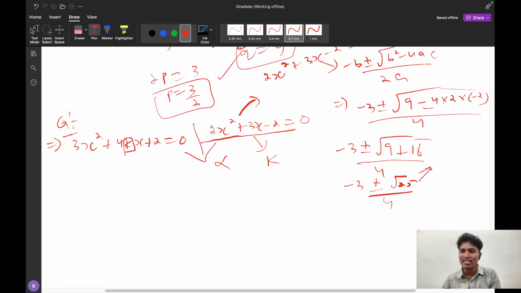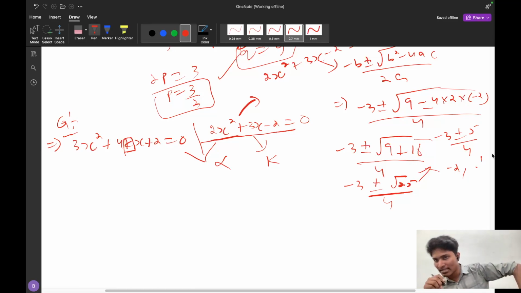So what will I get? I will get minus 3 plus or minus 5 divided by 4. If I take minus, it will be minus 2, one root, and if I take plus, it will be 2 divided by 4, which is 1 by 2. So these two are the values.